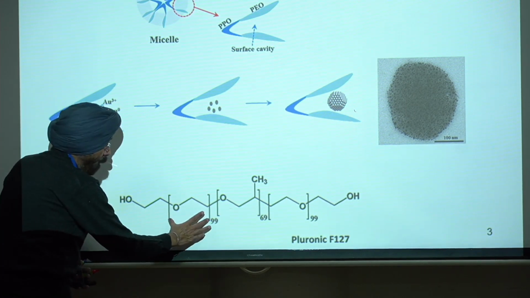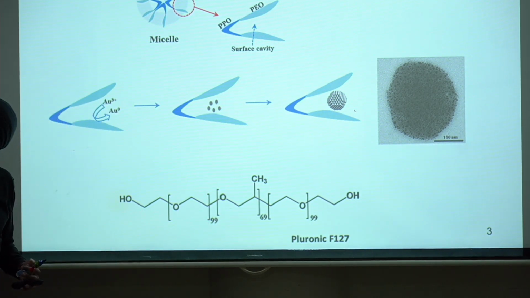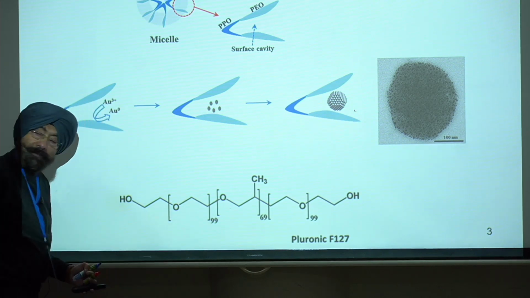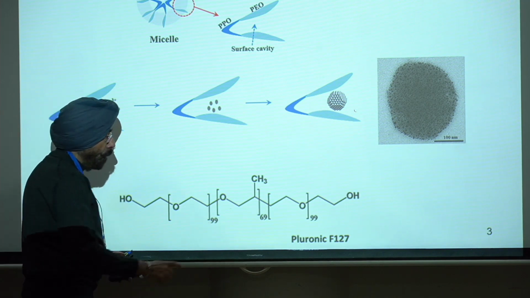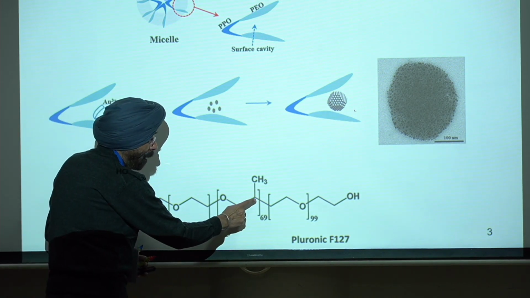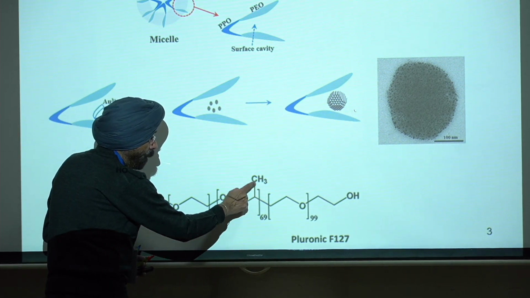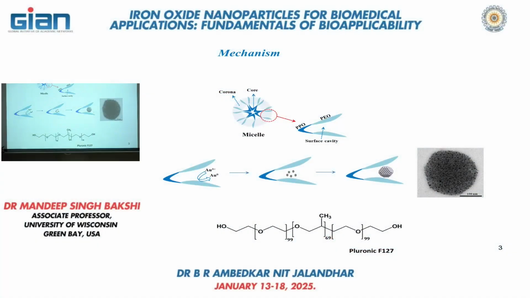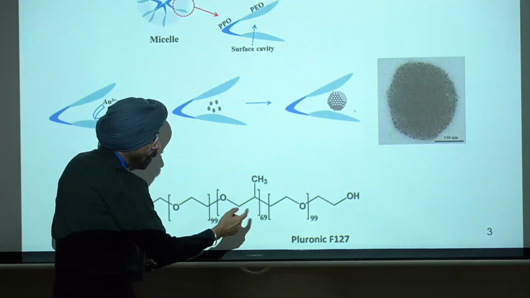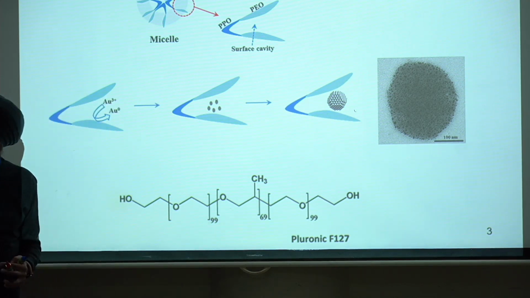It means that this part of the polymer is repeating how many times? 99 times. This one is polypropylene oxide, so it is 1, 2, and 3 carbon functional groups, and this unit is repeating 69 times.